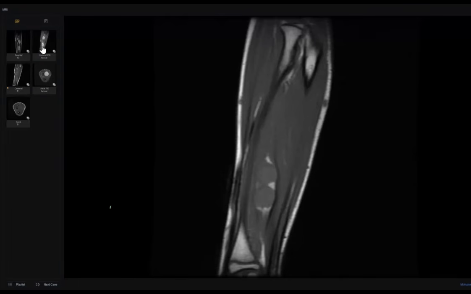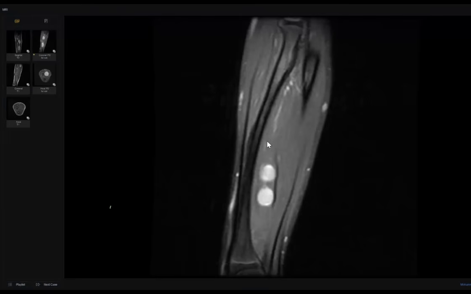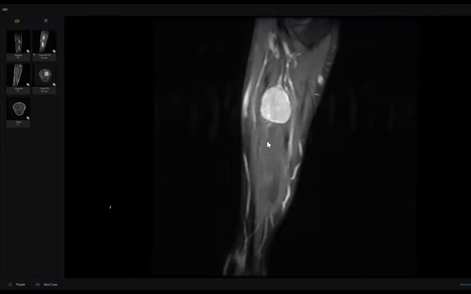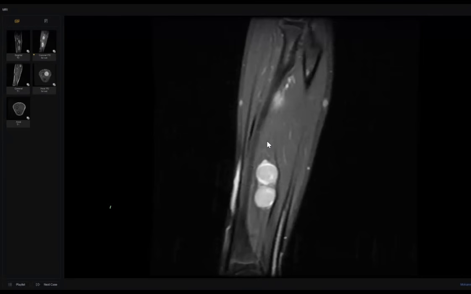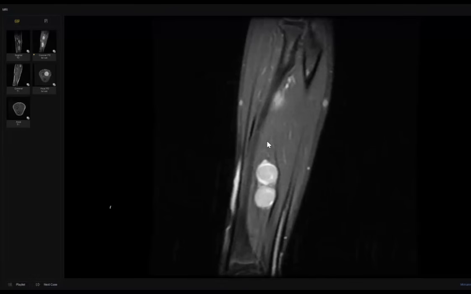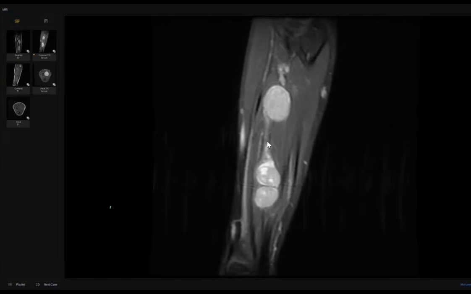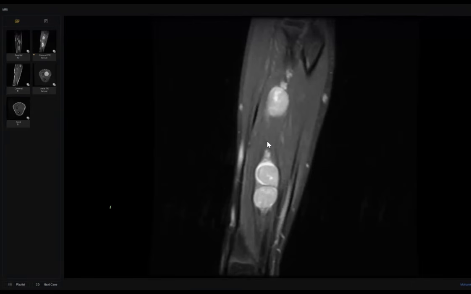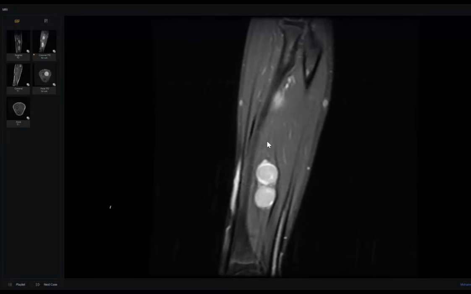On fat sat images, these lesions appear hyperintense. To conclude, these are rounded, benign-looking lesions, and no signal void foci or any hypointense areas are seen within these lesions on any sequence. My differential includes neurogenic tumors like neurofibroma or schwannoma.